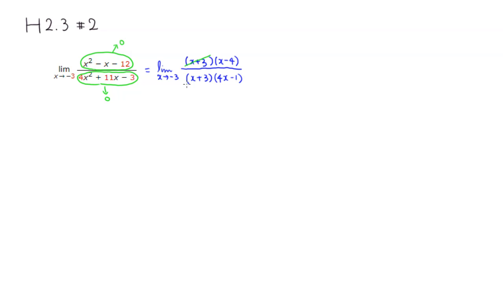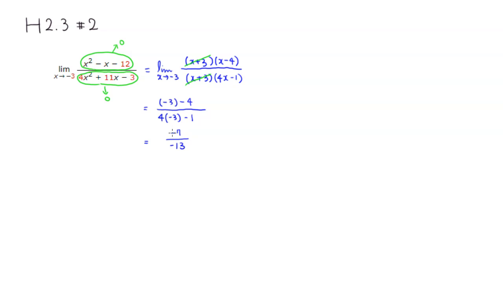Since we found a common factor on top and bottom, we go ahead and cross them out. Then we can just plug into the rest of the expression. x is -3 now, so -3 minus 4 on top, and 4 times -3 minus 1 on the bottom. This gives us -3 minus 4 is -7 on top, and 4 times -3 is -12 minus 1, which is -13.